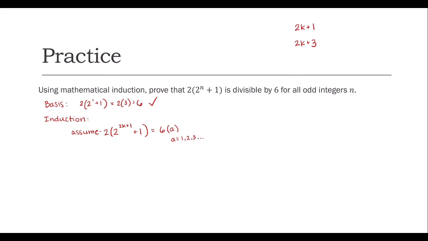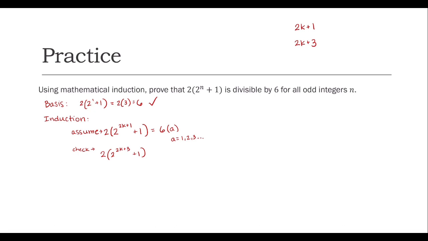So that's what we're assuming, and we're going to check that that's also true for 2 times 2 to the 2k plus 3 plus 1. So we'll try and make our 2 times 2 to the 2k plus 3 plus 1 look like our assumption. That way we can substitute something in and prove that it's equal.